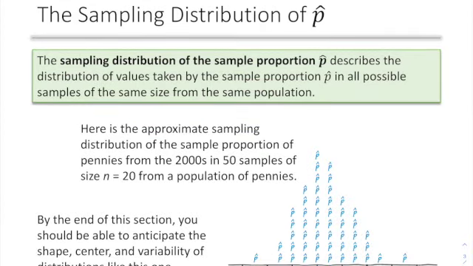So remember, a sampling distribution of the sample proportion describes the possible values taken by the sample proportion in all possible samples of the same size from the same population.